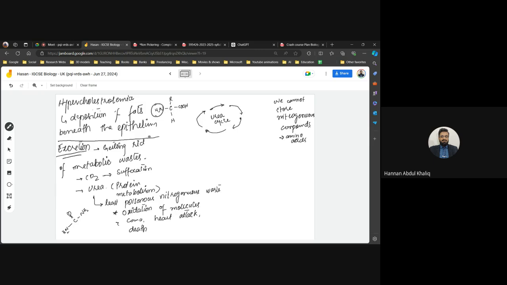We add one amine group here and another amine group here, and we get urea. This process occurs in the liver. We just get rid of the amine group. We do not have a problem with the rest of the amino acid because the amine group is released.